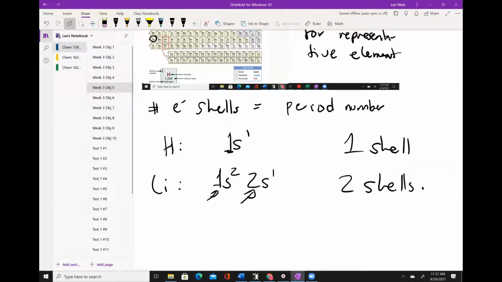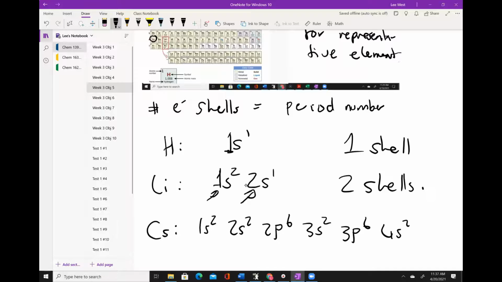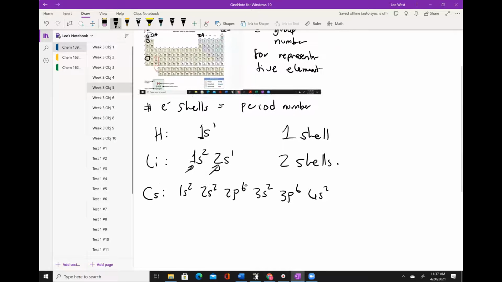Now cesium, I've got to go all the way out to 55 electrons, and I'll see if I can do it. It goes 1s2, 2s2, 2p6, 3s2, 3p6, 4s2, 3d10, 4p6, 5s2, 4d10, 5p6, 6s1.